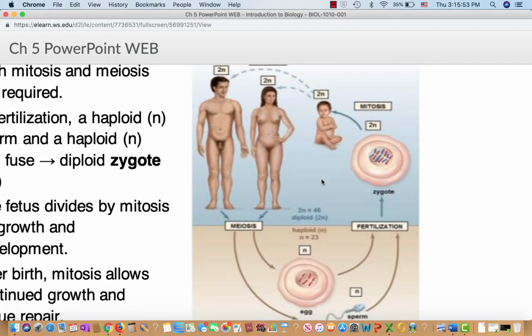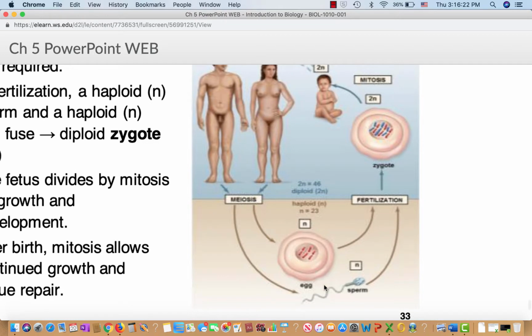They don't make any more, which is one of the reasons why over time the risk of, say, autism or Down syndrome goes up with older mothers, because those cells have sat around for decades and accumulated more damage over time and are more likely to have errors in this process. Males, on the other hand, constantly produce new sperm.